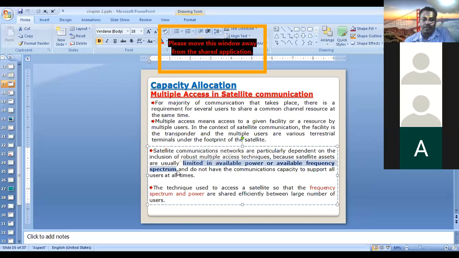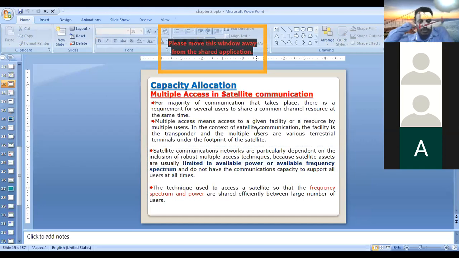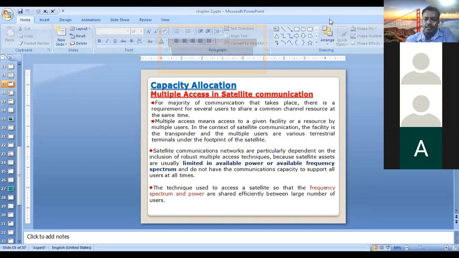Yes. Okay. There is some background noise, so I need to mute everybody. Teacher, please zoom the slide. Is it small?